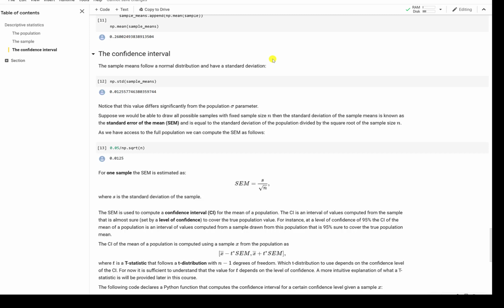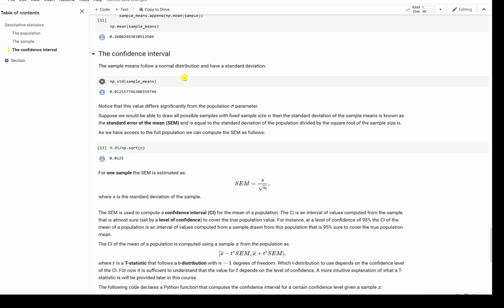We saw a difference there, and in reality we don't know the mean of the population, so we want to know how certain we are that the mean of the sample is the mean of the population as well. That's described by the confidence interval, and it's not just for means; you can have a confidence interval for all kinds of descriptive statistics.